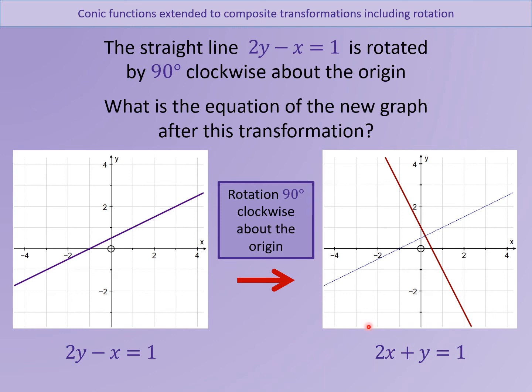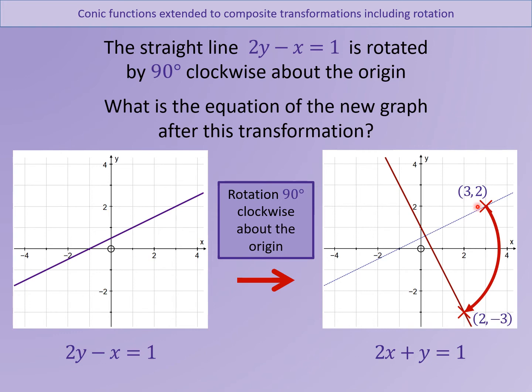Okay, but how do we get from there to there? You might have already started looking and thinking, yeah, I can see what's happening there. It looks like the x's and the y's are swapped over, but it's got a negative value there and a positive value there. So can I do something with that? You can see that sort of thing has happened. The 3 has changed to 2.